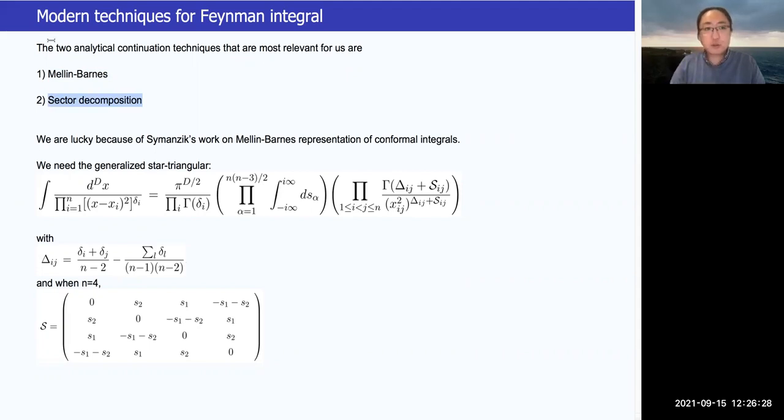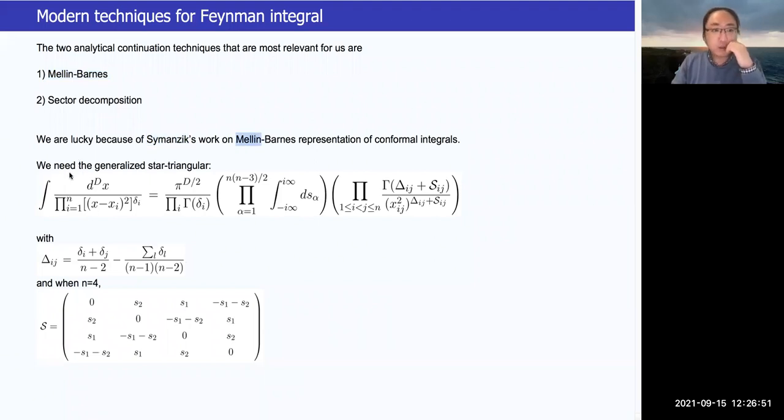So first, to write a Migdal representation for these integrals. In fact, it can be complicated for usual Feynman integrals, but because we are dealing with conformal integrals, in fact, we can use the work by Symanzik to write Migdal representations very easily.